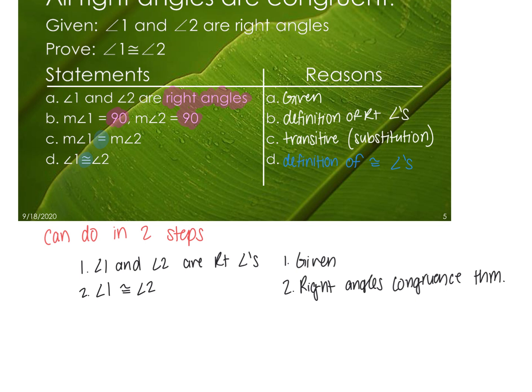So I'm going from angle 1 and angle 2 are right angles and then straight to stating they're congruent. I could have shortened this to right angles so you see the symbols and know what I'm writing in the future. So yes, you could have done that, but I'm showing you how to write out a proof using what we have.